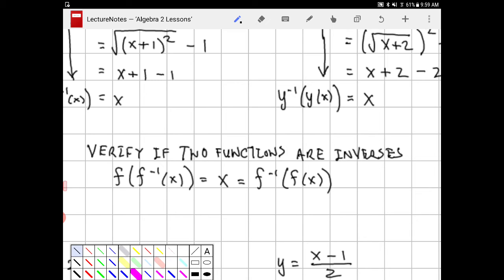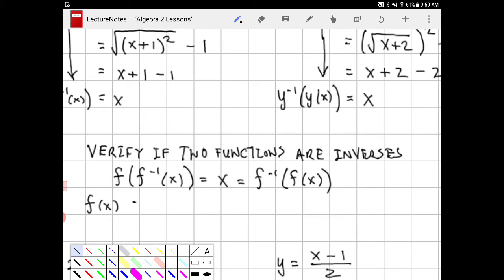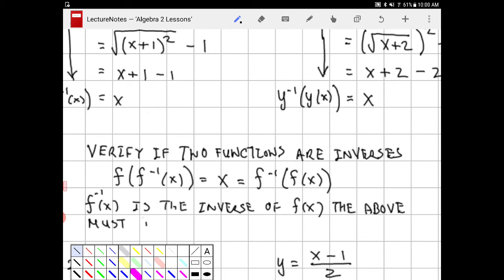So to verify if two functions are inverses, f inverse is the inverse of f of x. The above must be true. So this is the key concept here.